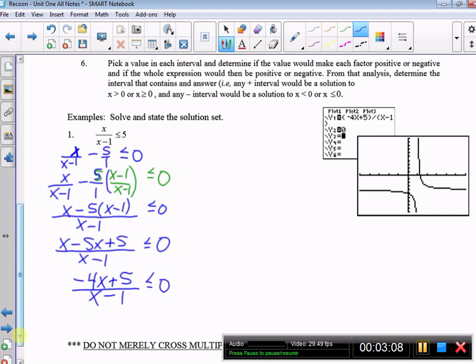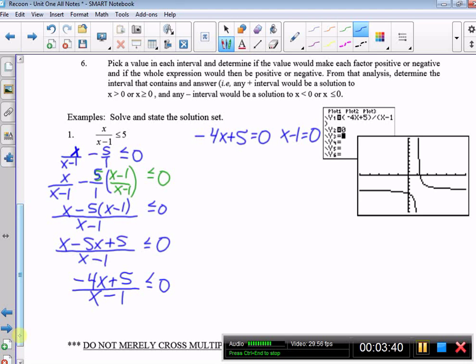So what we have here is a different way to look at the factors. We've got a factor in the numerator and a factor in the denominator. Those are going to give us our critical points. So what we're going to do is take negative 4x plus 5 and set that equal to 0, and x minus 1 equal to 0.